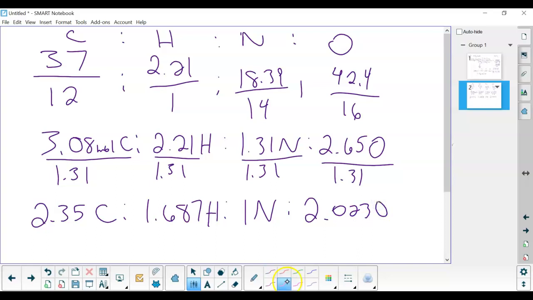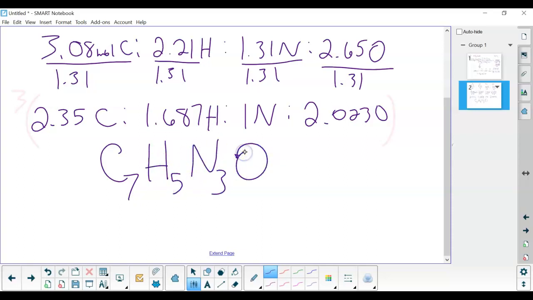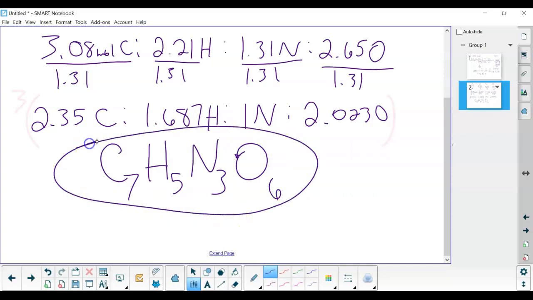If you multiply all of these by 3, you're going to end up with 6, 7 carbons, 5 hydrogens, 3 nitrogens, and 6 oxygens. And so that's how you solve this type of problem going through empirical formulas.